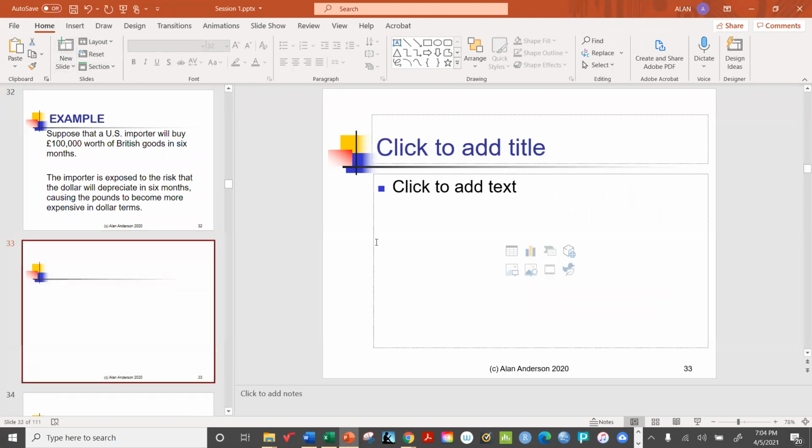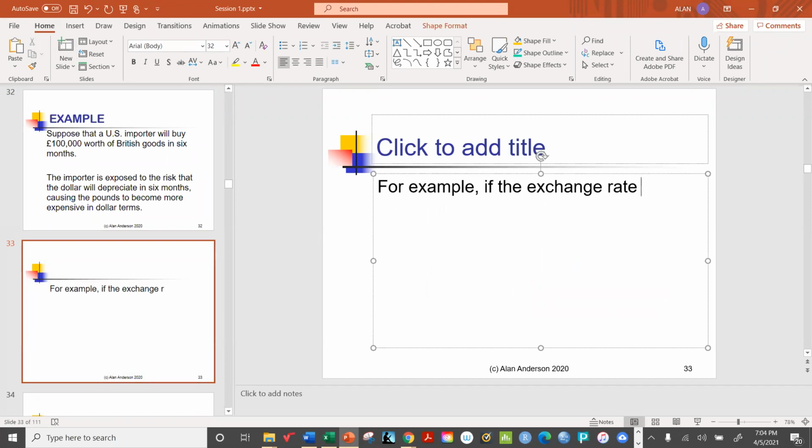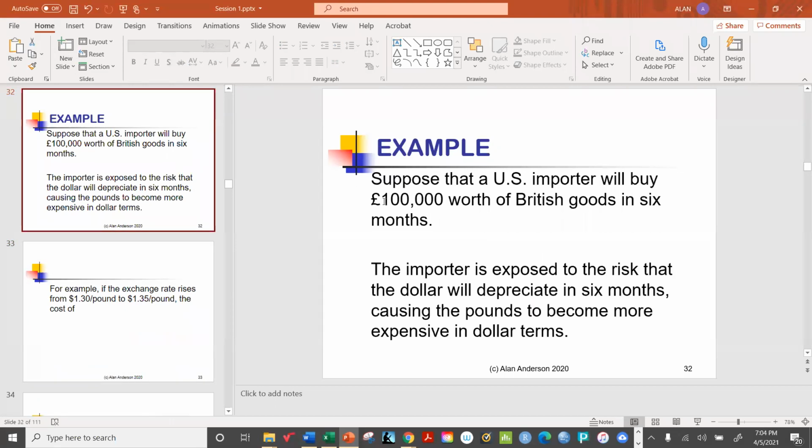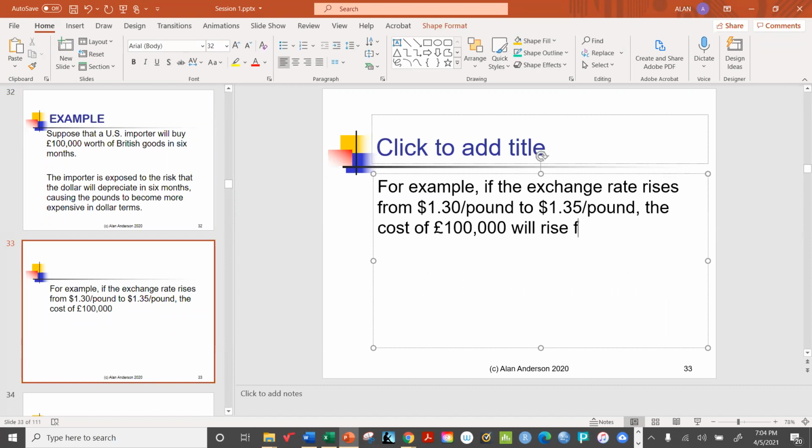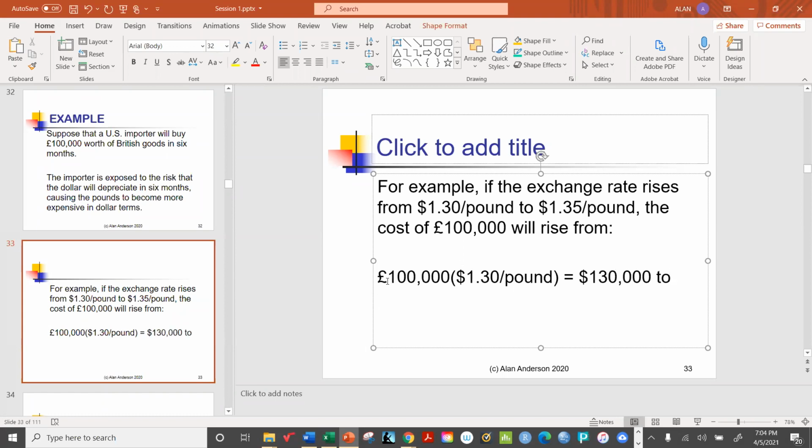So for example, if the exchange rate rises from $1.30, as it just did, per pound to $1.35 per pound, the cost of 100,000 British pounds will rise from 100,000 pounds times $1.30 per pound, which is $130,000, to $1.35 a pound, which equals $135,000.